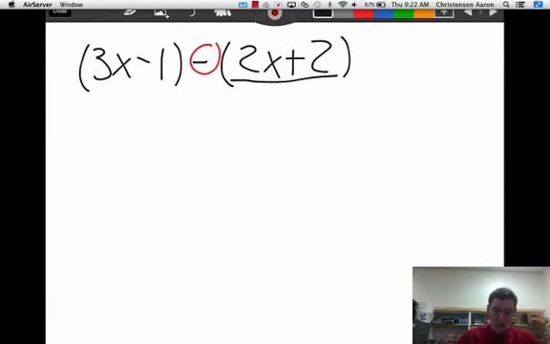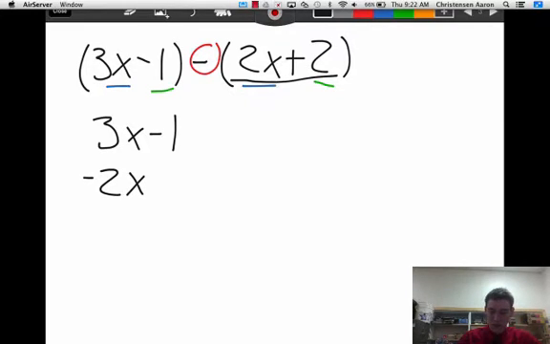So this becomes, we just have 3x minus 1. Remember, we combine our like terms, so we have a 3x and a 2x. Negative 1 and 2 are our like terms, so we want to put those underneath the appropriate like term. So this becomes a negative 2x, and this becomes a negative 2.